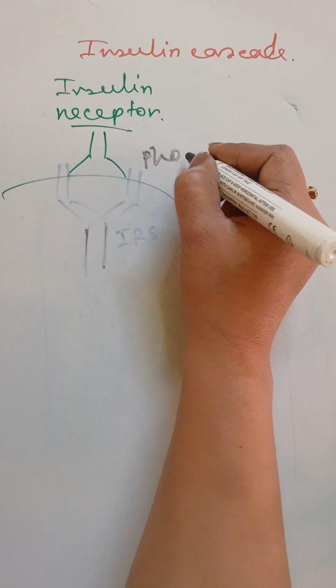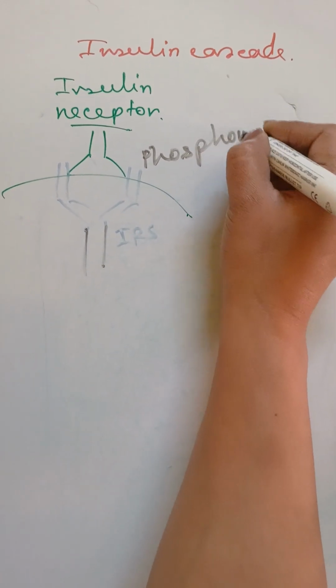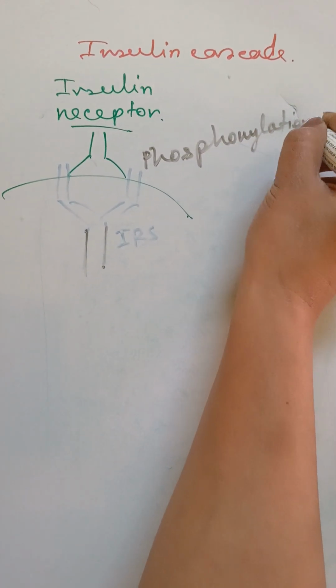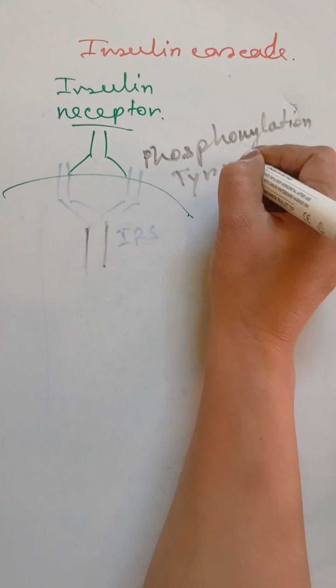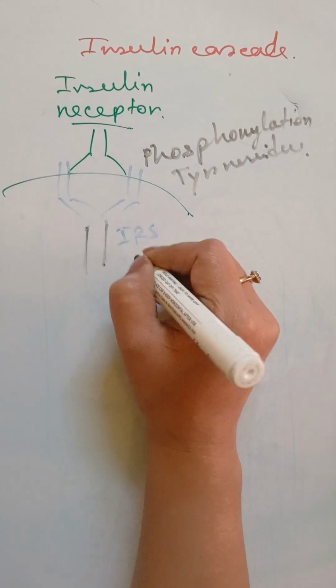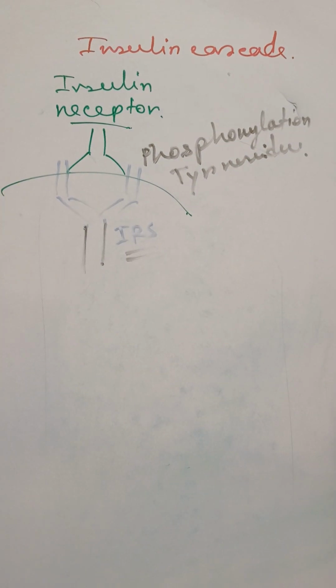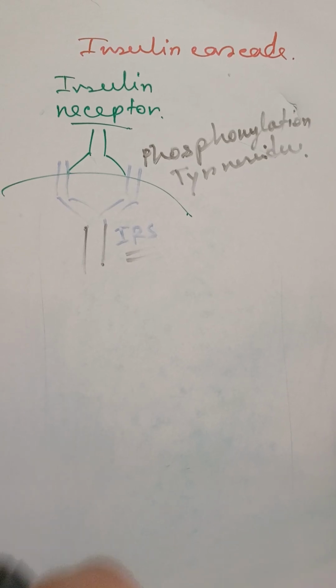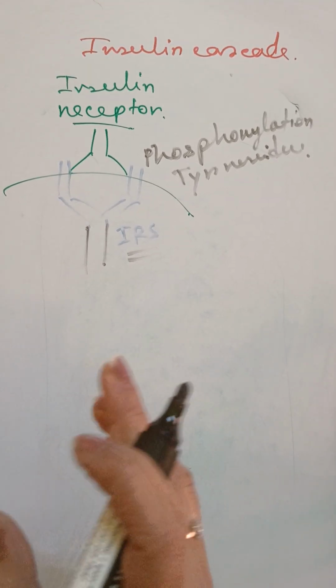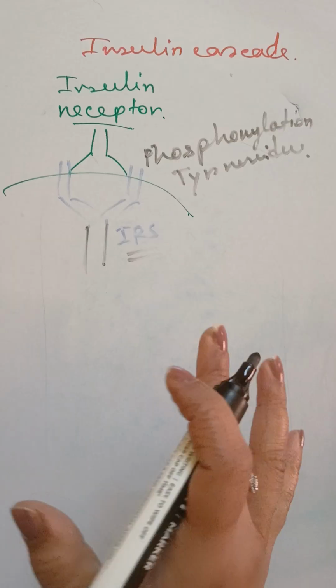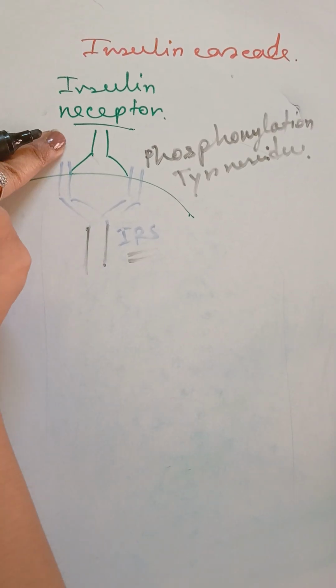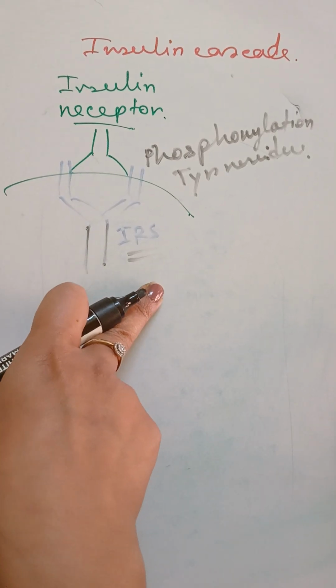Phosphorylation usually occurs at the tyrosine residue of IRS. The insulin receptor substrate has tyrosine residues, and with the phosphorylation event, with the help of the insulin receptor, IRS becomes activated.